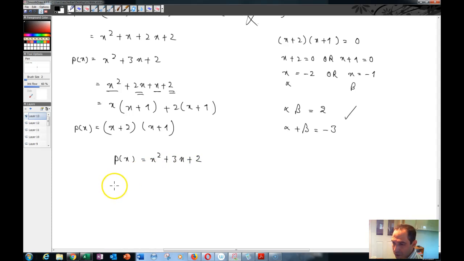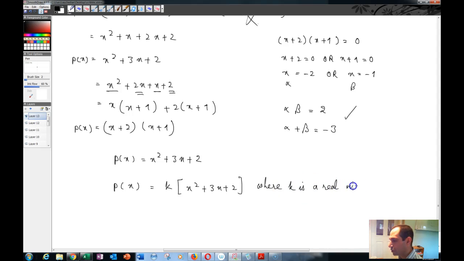But then you can generally say that any sort of polynomial that can be written as k times x squared plus 3x plus 2, where k is a real number, will fulfill those conditions that we talked about in the beginning of the problem, meaning that you can always take your k out, and then your polynomial will be in this general form.